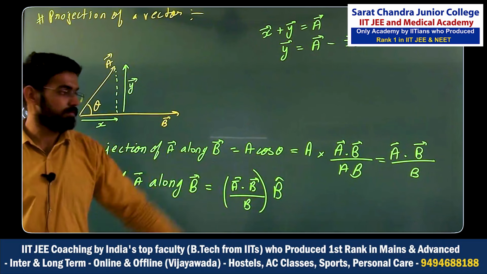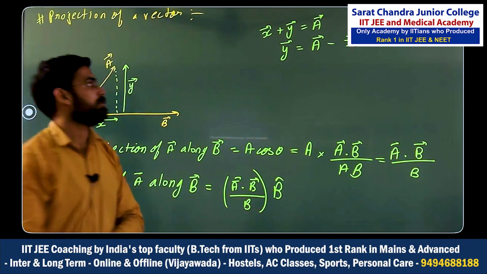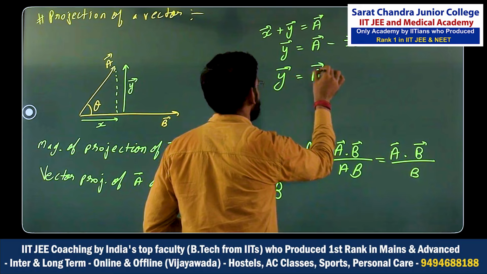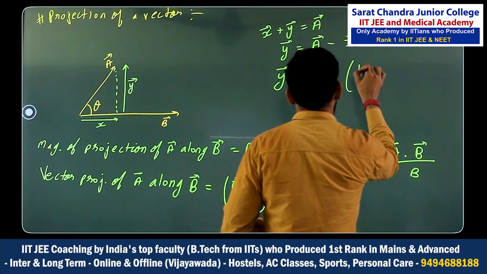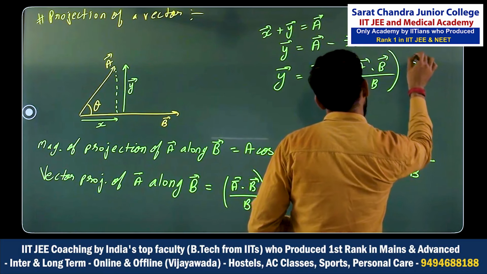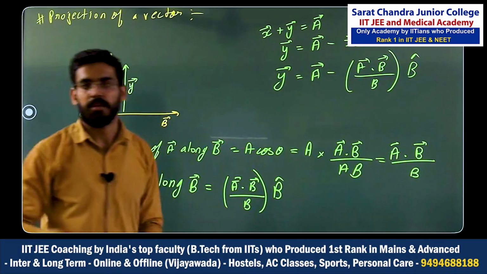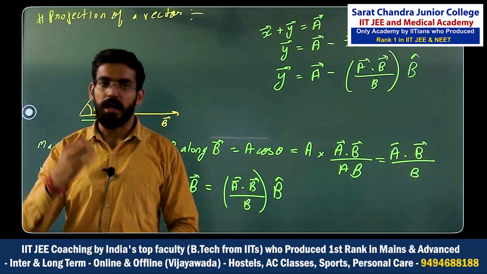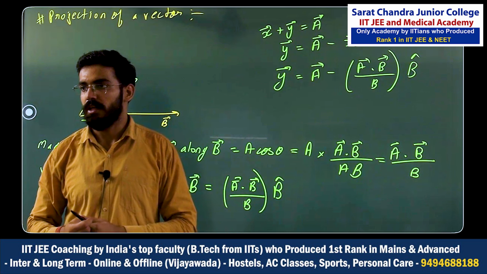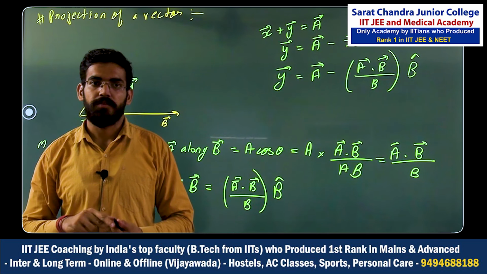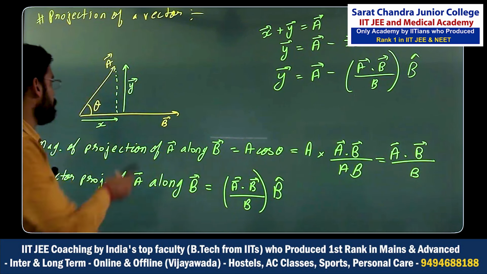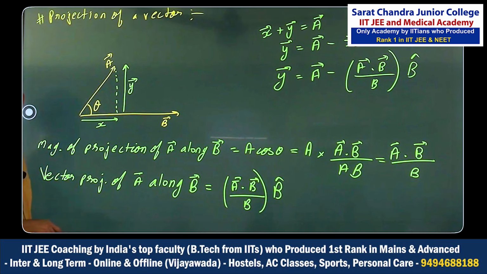X we know already, the along projection. So this perpendicular projection is A vector minus (A vector dot B vector by B) into B cap. That's it, answer. Got it? He can ask you the perpendicular projection, or the magnitude of the perpendicular projection, anything. Understood? If he is asking only the magnitude, then you can reply directly, which will be A sin theta. Okay.